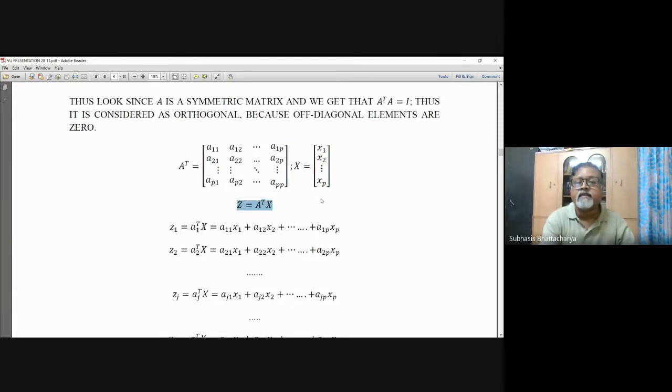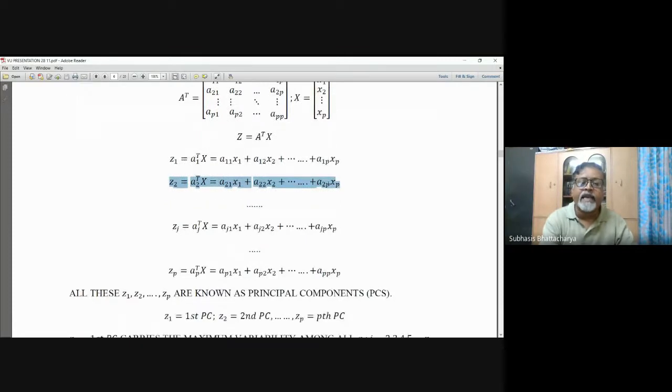X is this matrix, and if I multiply, this is the first principal component. This is the second principal component. As the number of variables is p, you obviously get p principal components from the original orthogonally transformed matrix X.